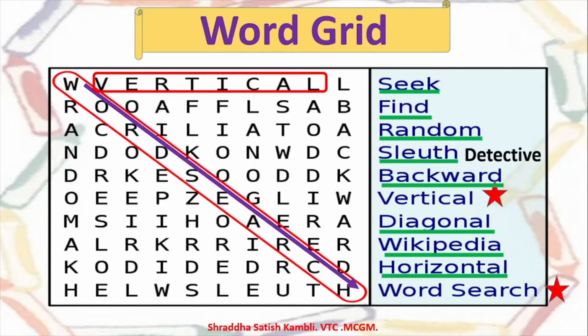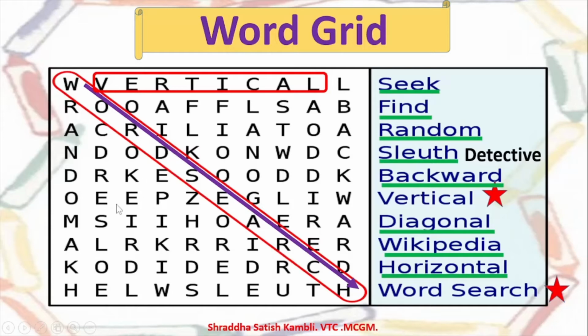So see, the word grid, this is a particular word grid which will give you lots of ideas about what a word grid is. But it will not give you those ideas directly on a plate. You have to search for them. So you have to see where seek is written. If you look at my arrow, can you see one arrow here? See, this arrow is on word, this arrow is on grid. So now look at the arrow.